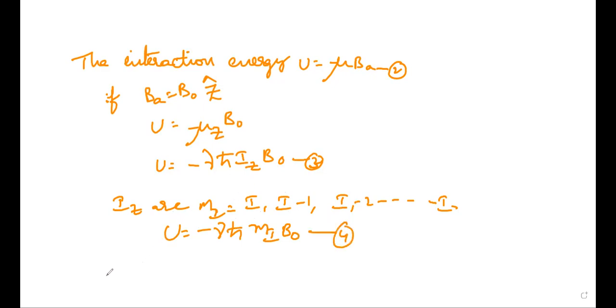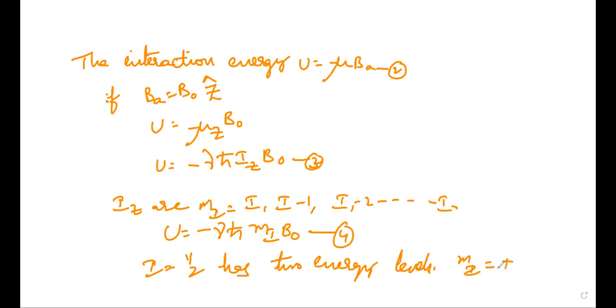So in this magnetic field, a nucleus with I equal to 1 by 2 has two energy levels, corresponding to Mi equal to plus or minus 1 by 2. So we will show the two energy levels for this.